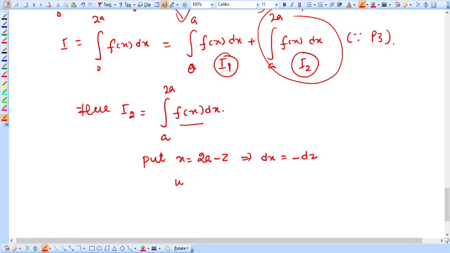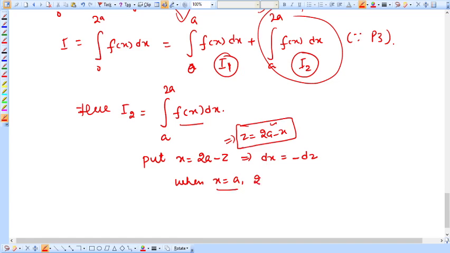When x is equal to a, from here z is equal to 2a minus x, right? Therefore, when x is equal to a, your z would be equal to 2a minus a, that is equal to a.